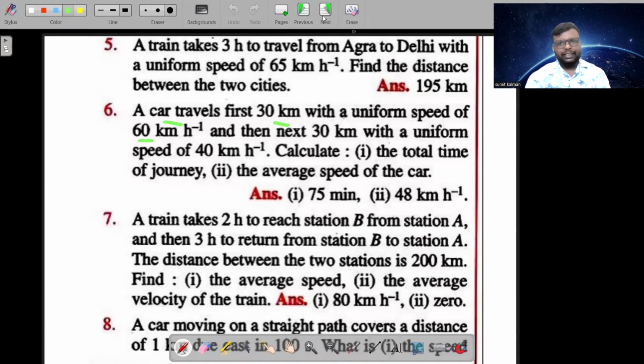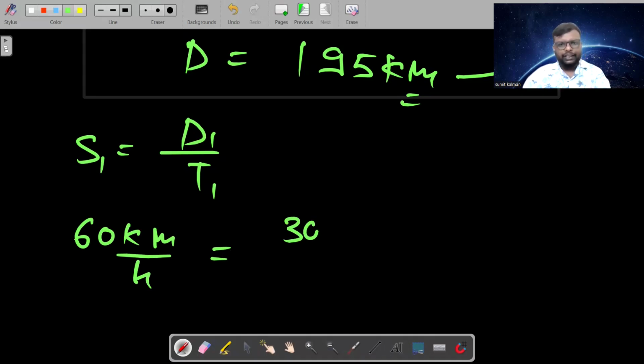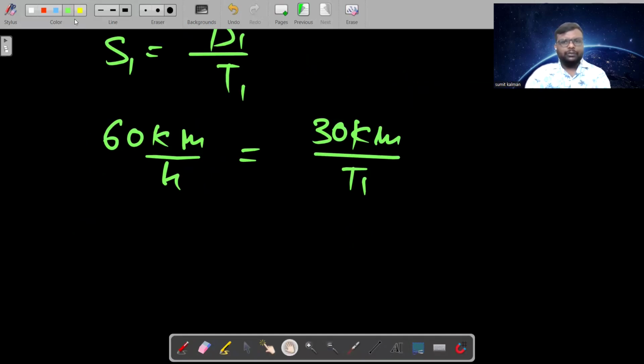Distance is 30 kilometer and speed is 60 kilometer per hour, which is equal to distance, 30 kilometer, and time you have to calculate. So here, friends, time will become how much?